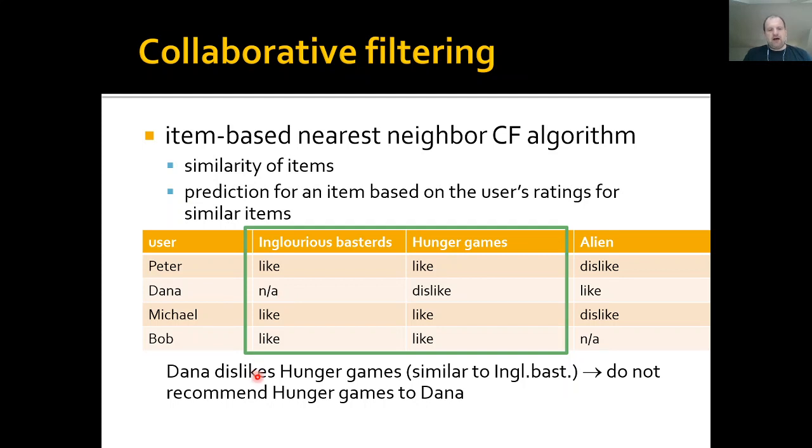So if we ask whether Dana will likely prefer Hunger Games or not, we should predict that it will not be the case. So we do not recommend Hunger Games to Dana. But we see that we now do it column-wise, not row-wise.